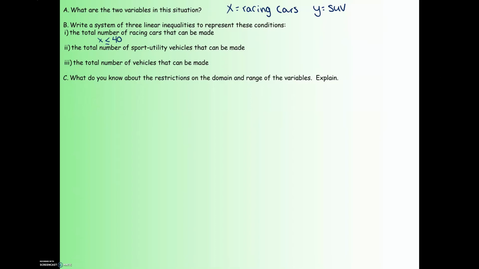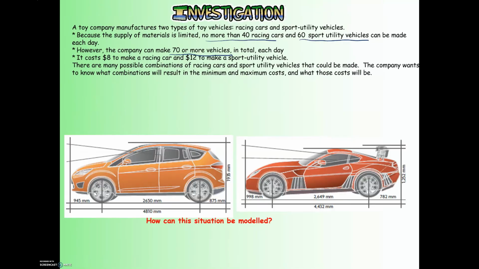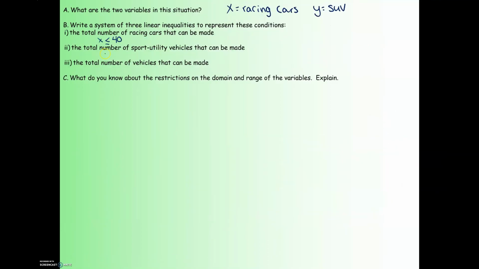The next is the total number of SUV vehicles, and it tells me no more than 60 SUVs. So Y is less than or equal to 60.